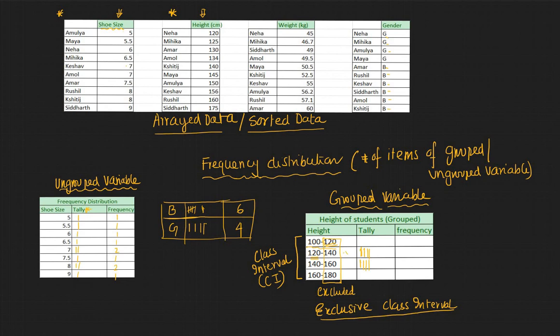Again 160 goes into the next one. So you have 160 and 175. So your frequency is 0, 4, 4 and 2. So these are our frequencies.